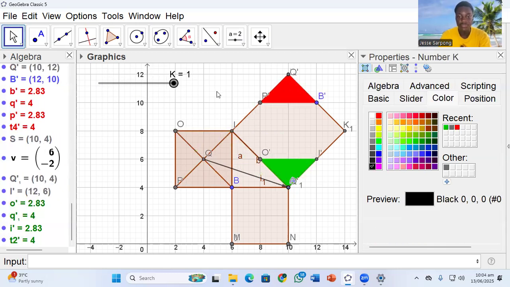Now this is what we have. Do the same thing for the rest.